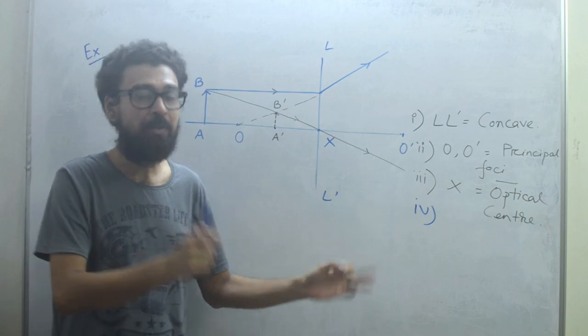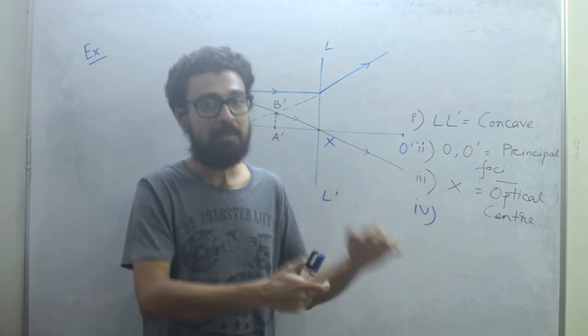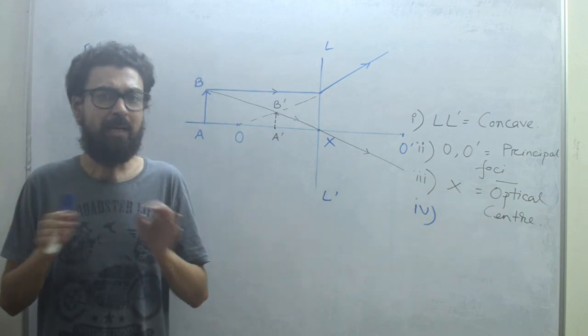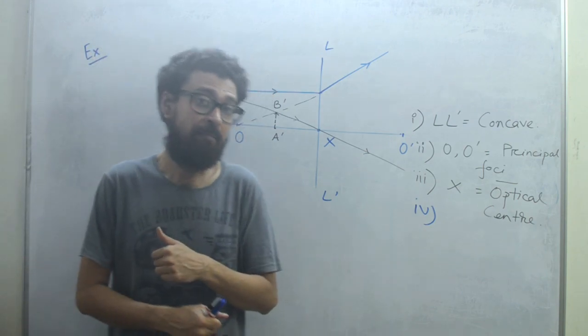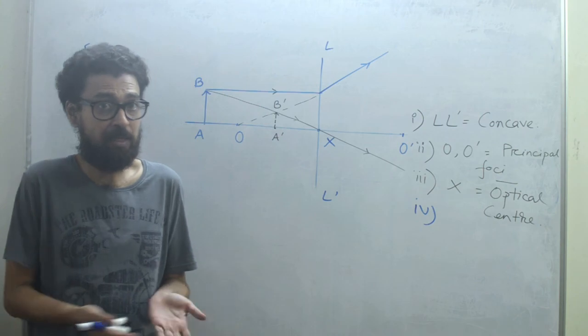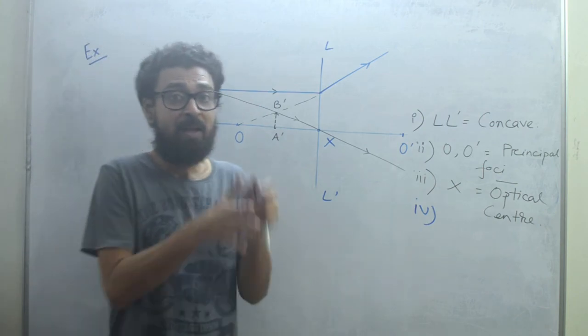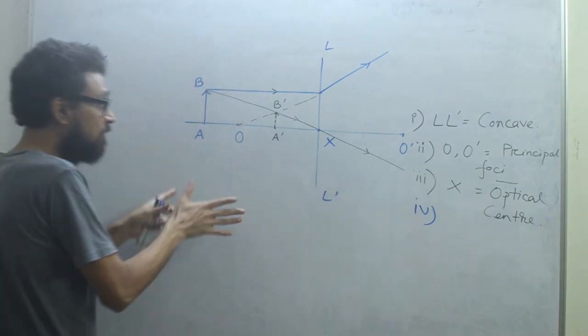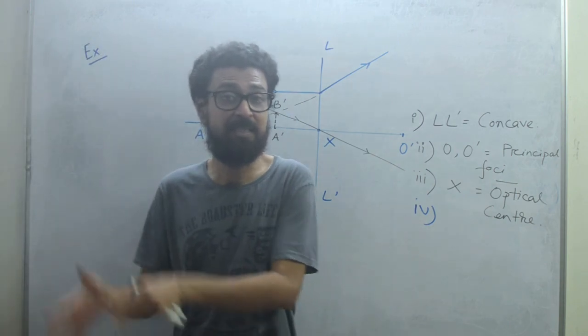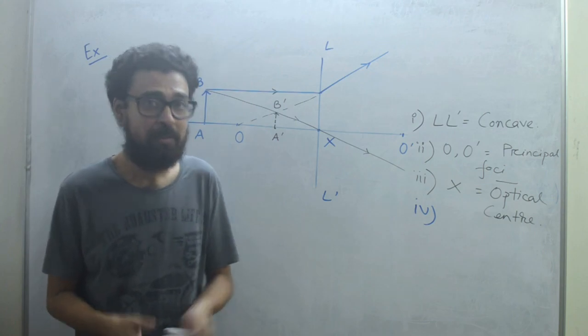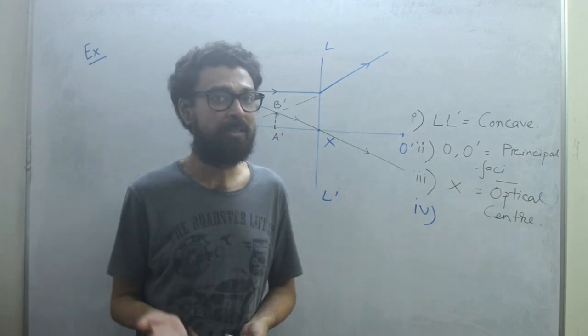Like I told you, a diverging ray means concave lens. Plain and simple logic. When you go to class 12, you'll have lots of complexities in life as well as in physics, but here it is very simple. Diverging ray, concave lens. Converging ray, convex lens. You need not think more than that.